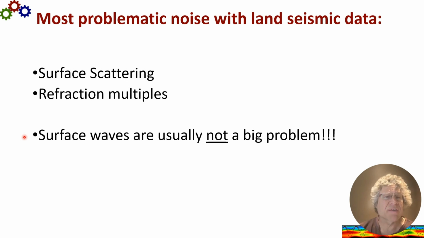And I think part of the confusion here is that some people refer to surface waves as a broad term as anything that's caused by the near surface, when in reality, in academics, surface waves mean something very specific. It doesn't include these other types of effects. So the terminology, I think, is just too confusing, and I try to avoid it. Academic surface waves are usually not a big problem. These two, surface scattering and refraction multiples, are usually the big problem.